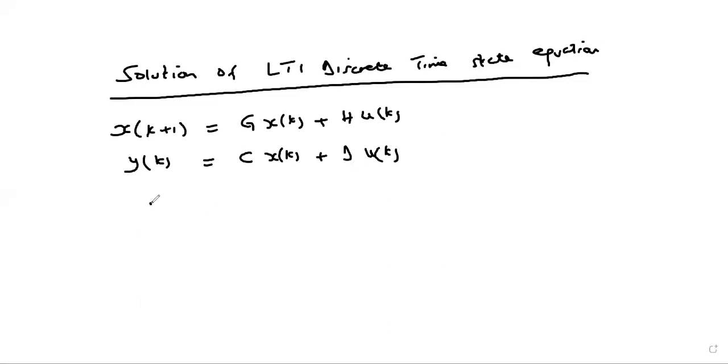So we take x of 1 to be equal to G x of 0 plus H u of 0 as our equation 1.